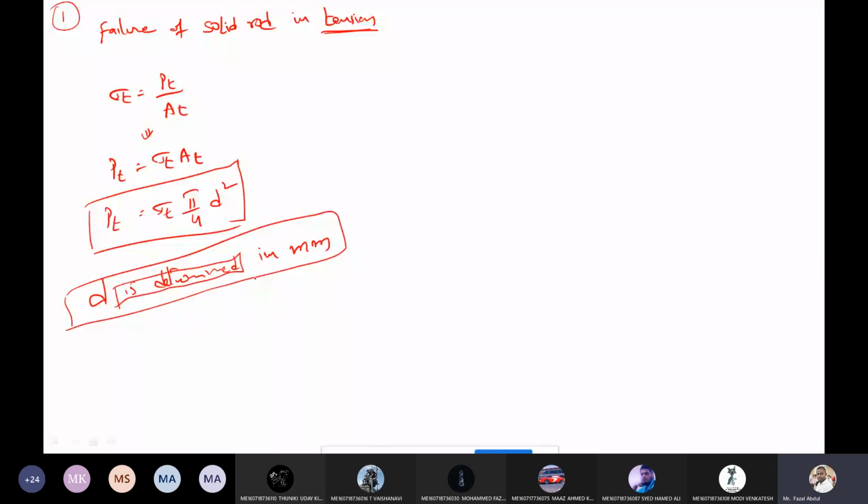Now the second failure is failure of the knuckle pin in shear. Okay, so why does shear failure happen on the knuckle pin? Just see here. I will show you the animation video.